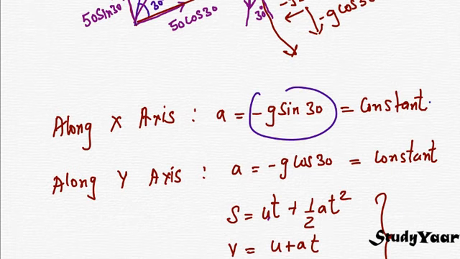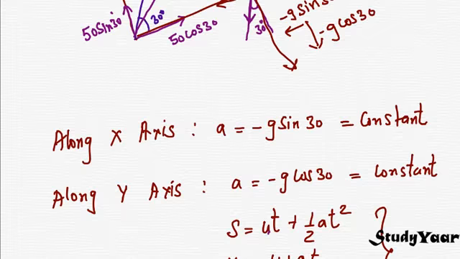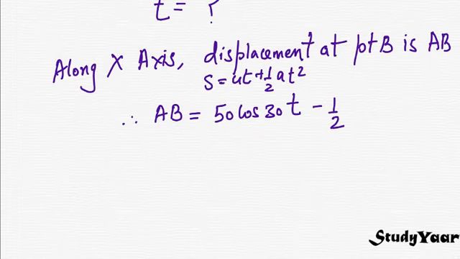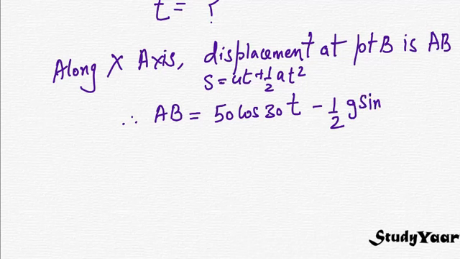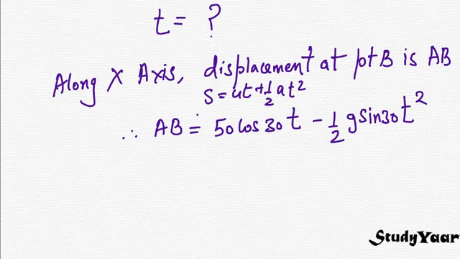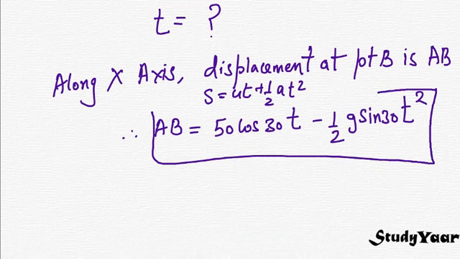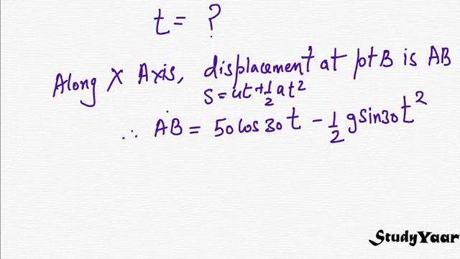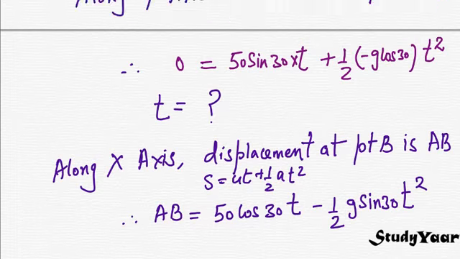It is minus g sin 30. So I have minus half g sin 30 t square. T you know from the above quadratic equation. If you put in your value of t, you would get AB, which was what the question asked for. Therefore your question is solved.